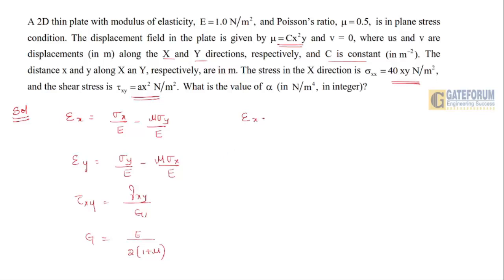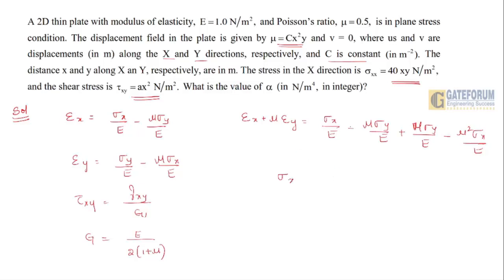Where epsilon x plus mu into epsilon y is equal to sigma x by E minus mu sigma y by E plus mu sigma y by E minus mu square sigma x by E.